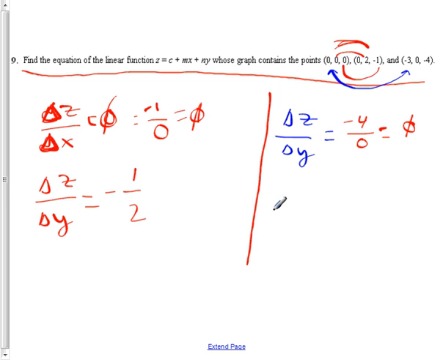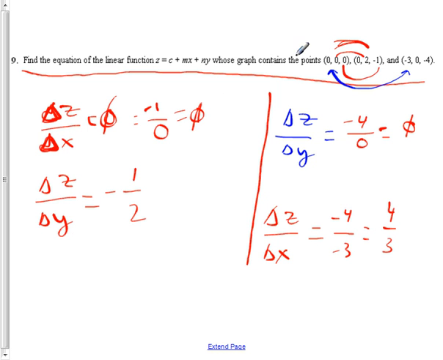Now I'm going to look at the change in z over the change in x. Again, my change in z from the first to the third point is negative 4, and my change in x is negative 3. So I get a slope of 4/3 with a fixed y value.